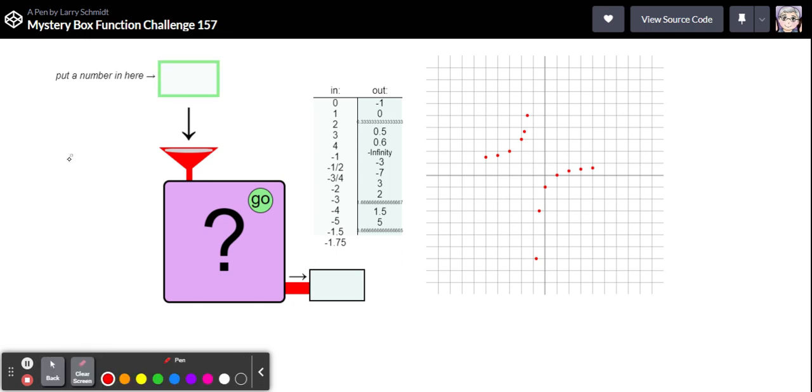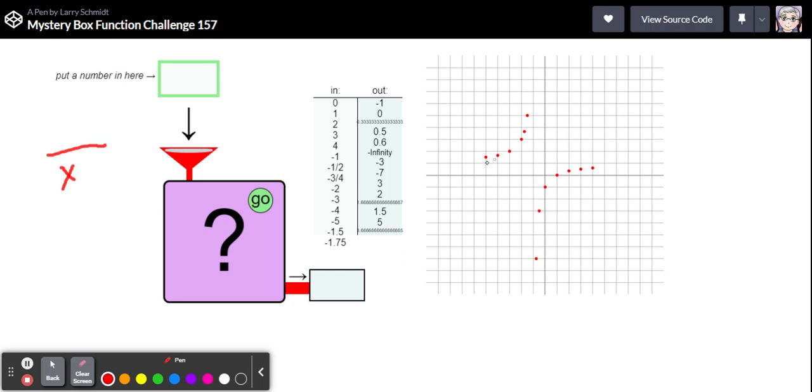So I'm thinking we have a rational function, so I'm just going to put x on the bottom here, but I think there's other stuff going on, so I don't know what to put on the top yet, and I'm leaving some room on the bottom. When you have this sort of two-arm thing in opposite quadrants, I think it's just going to be a plain x and not an x squared. And then what you want to do is look for that asymptote.